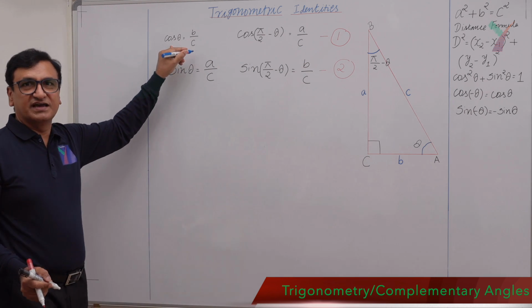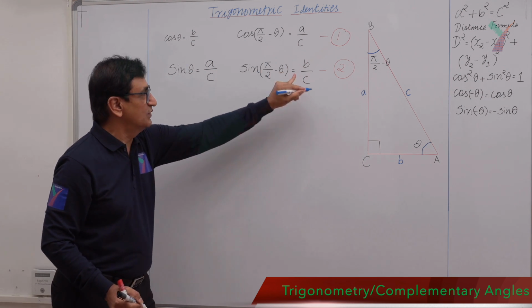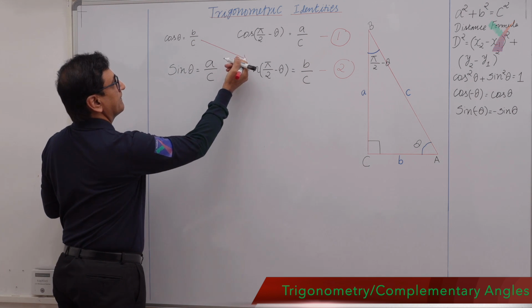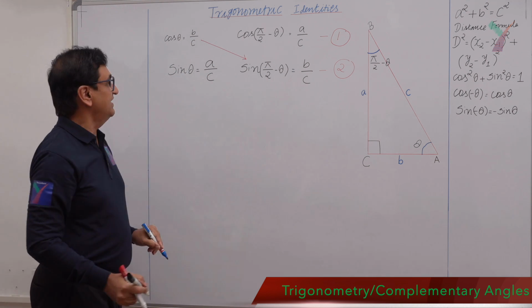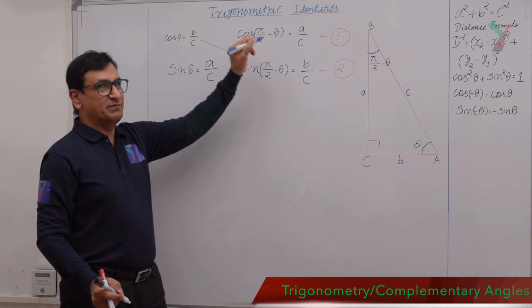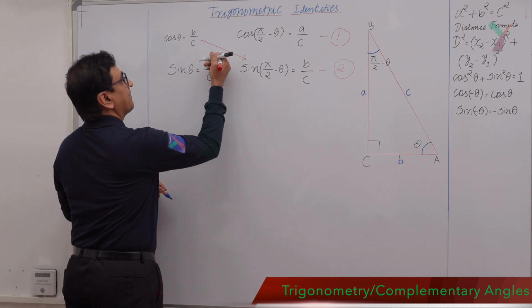You have cos theta equals B by C. Similarly, sin pi by 2 minus theta equals B by C, that is these two are equal. Similarly, sin theta is A by C. Cos pi by 2 minus theta is also A by C. So, these two are equal.